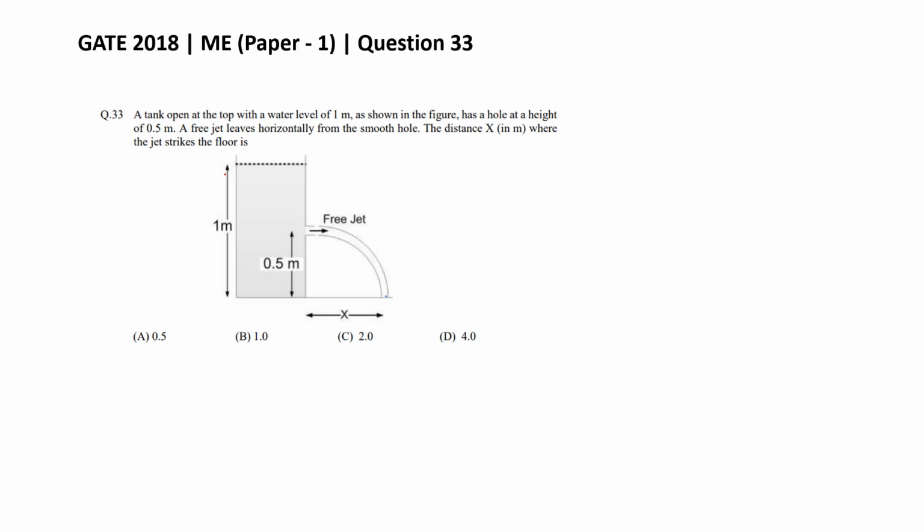So here they say that the free jet leaves horizontally, right? Yes. So I suppose the velocity here will be ux, and uy is basically zero. So if you say V square minus U square, then you will need a velocity at this end, which you again don't know.